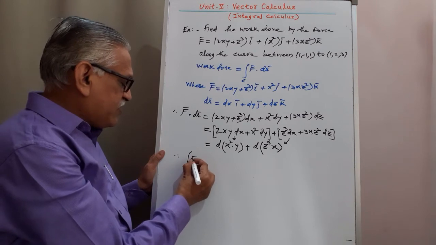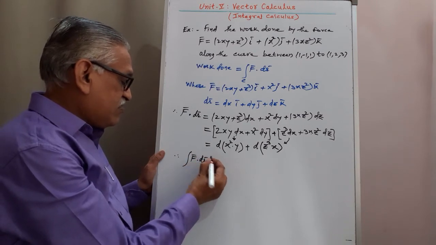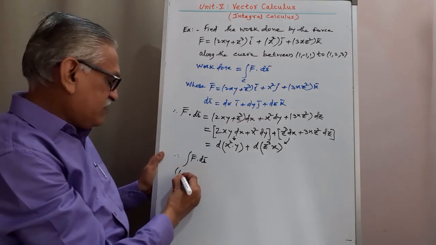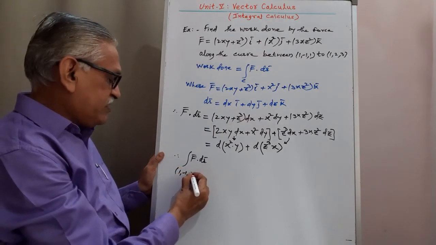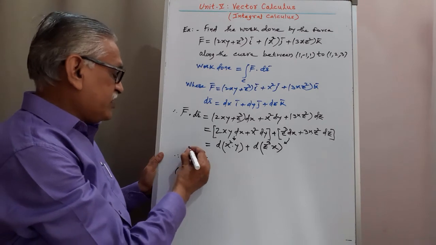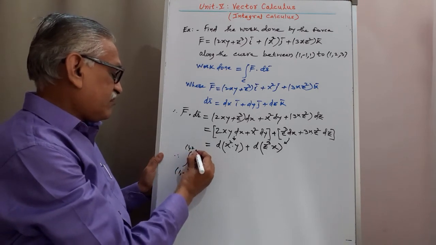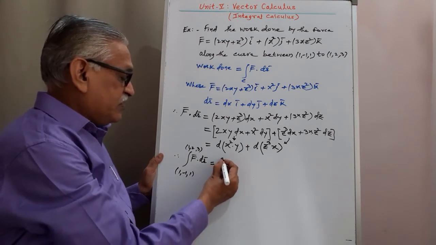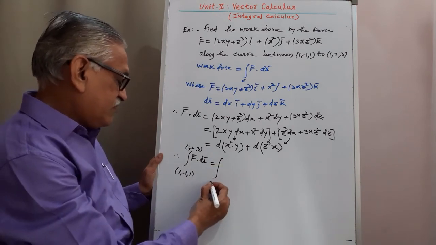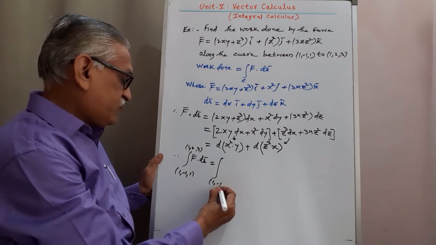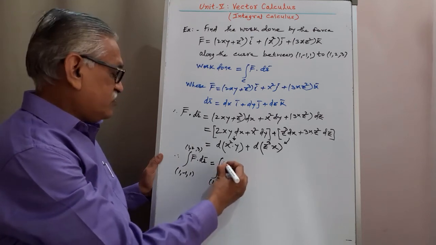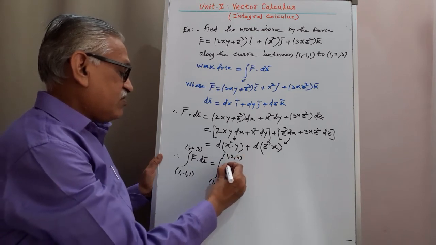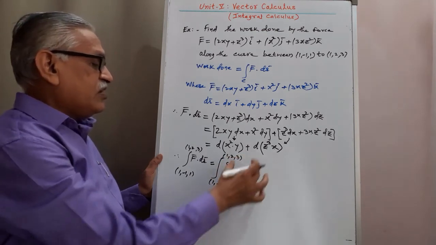integration of that f bar dot dr bar between the point 1, minus 1, 1, to 1, 2, 3, is equals to the integration from 1, minus 1, 1 to 1, 2, 3 of this term.